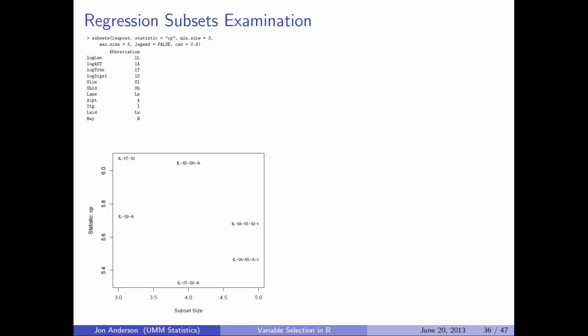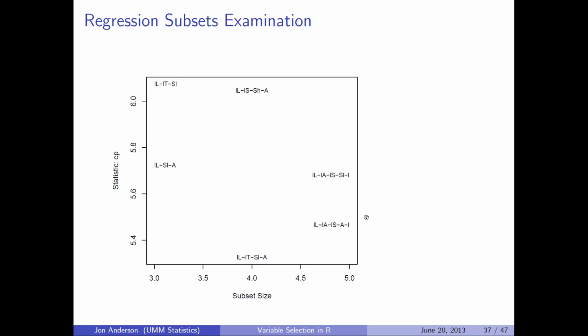Remember that you're looking for CP statistics that are small, and so of these sizes, it looks like this 4 predictor model with these abbreviations, these are LL, that looks like I, but it's a lowercase l, little l, capital L, little lt, SL, and A is the best 4 predictor model, and you can determine what predictors those were from the abbreviation. Here is that plot in a little bit more magnified form.